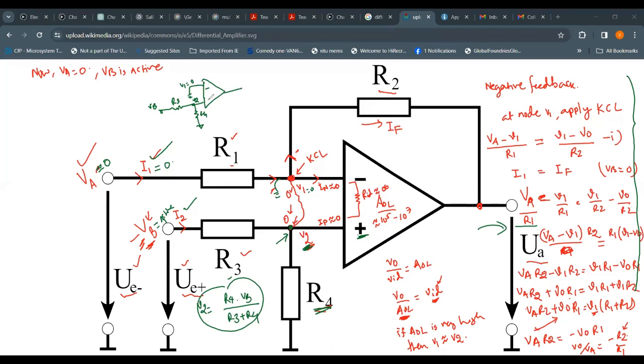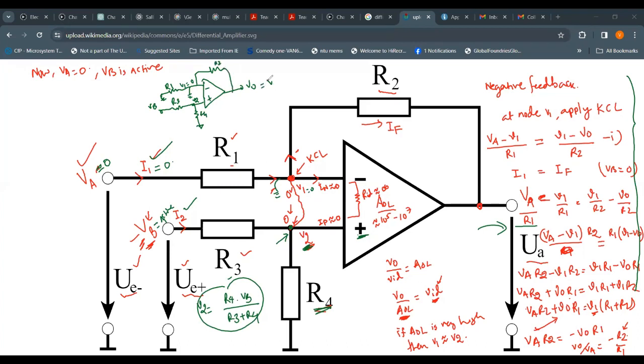And the gain of this circuit, we know that there is obviously a feedback, and you say that this is your R1, and this is grounded, okay, and there is no current, and this is your R2 that is coming.